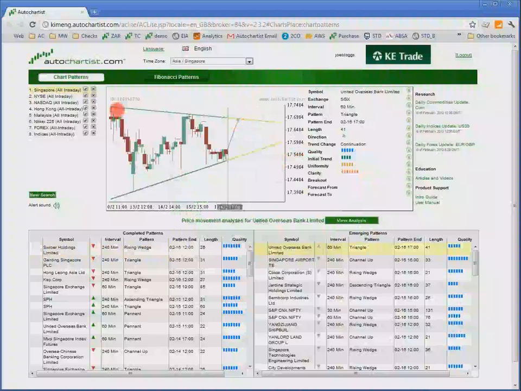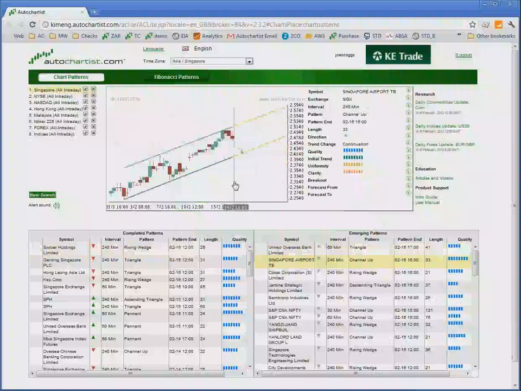Obviously, in a converging pattern like this, you're going to run out of space as the support and resistance lines get closer and closer together. But on a channel, for example, and the next one's a channel up, let's see what this one looks like. On a channel, this could go on for quite some time. The price could continue bouncing between support and resistance points indefinitely.